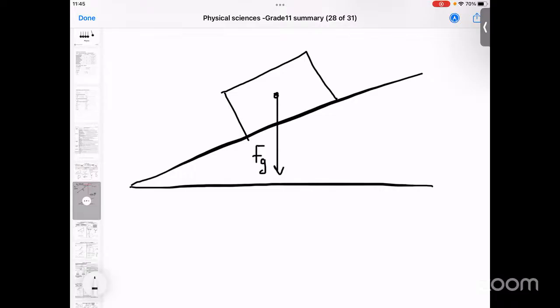So what that statement is saying is that when an object is on a slope, what is being resolved into components is its weight, being forced by gravity. So let's now have a look. It means we will need to form a right-angled triangle based on that. Most importantly, the forces that are going to be resolved are in relation to the sloped surface.